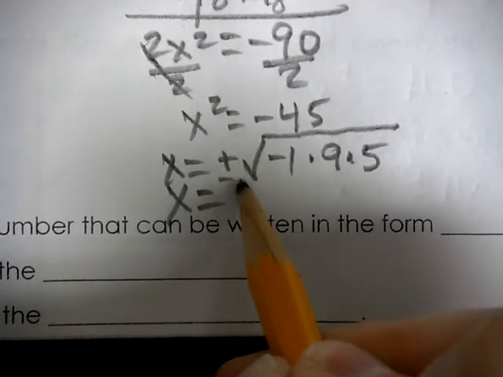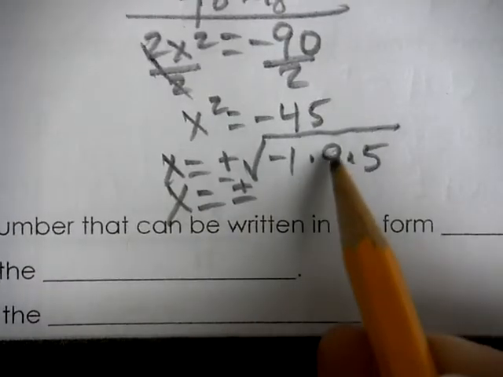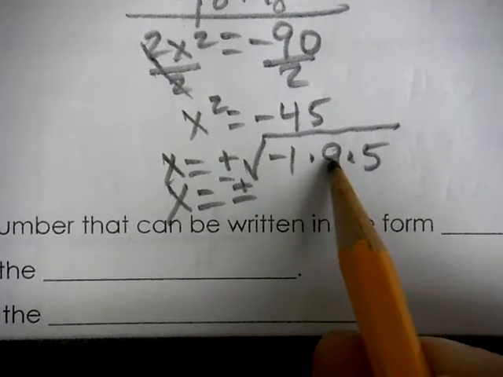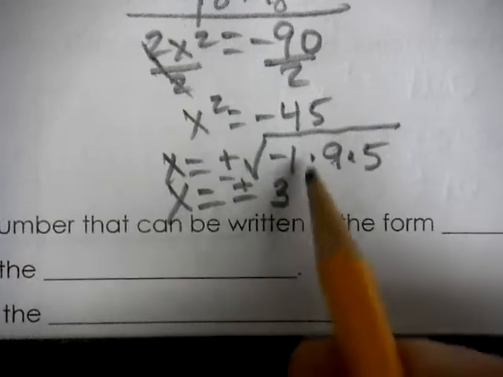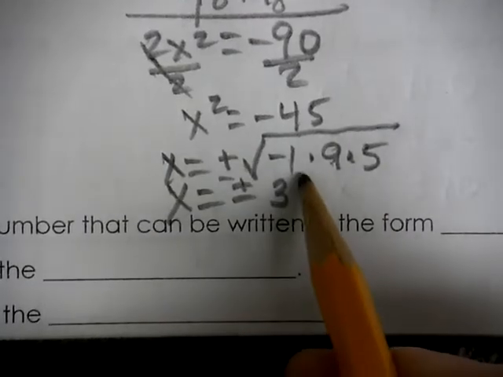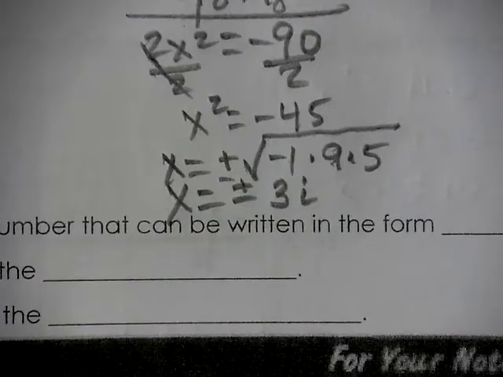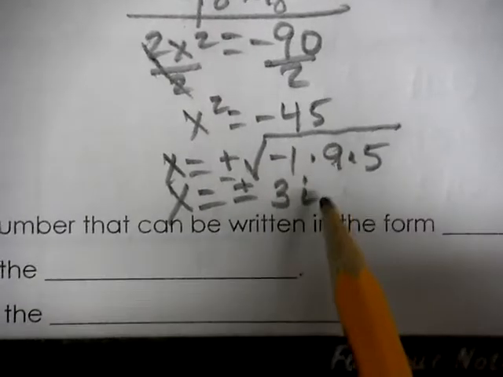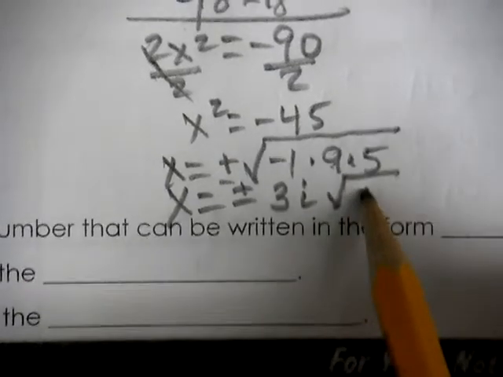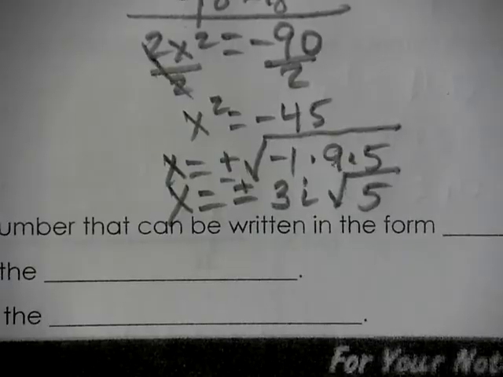That gives us plus or minus. We talk about the square root of 9 first. Then we talk about the i, just like we would talk about 3x. We wouldn't call it x3, we call it 3x, like this is 3i. But we haven't been able to do anything with the radical of 5, so that stays inside the radical.